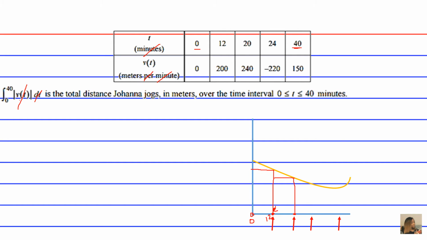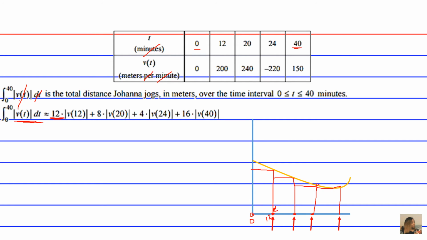Same thing right here. We could use this left-hand height, but instead we're going to use this, and we're going to make a rectangle. A Riemann sum is just like a bunch of rectangles, and it's a right Riemann sum because we're considering the height at the right to make our rectangles, okay? So that's what that means.